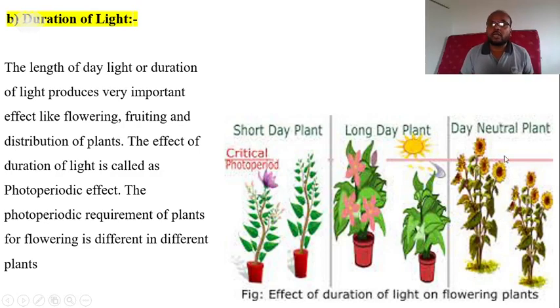Such plants are called day neutral plants. So on the basis of the requirement of duration of light, there are three types of plants: short day plants, long day plants and day neutral plants.